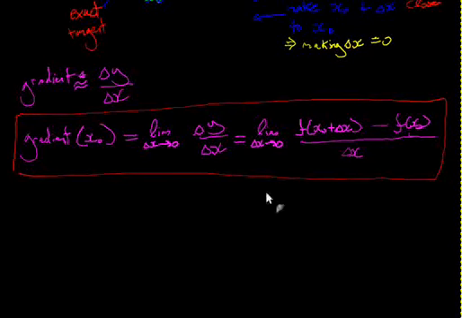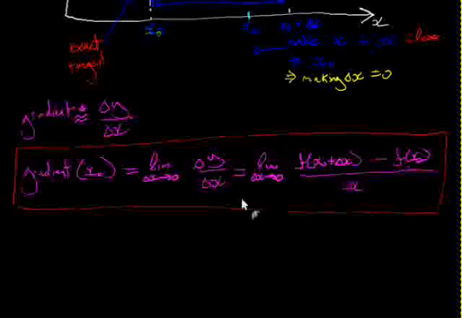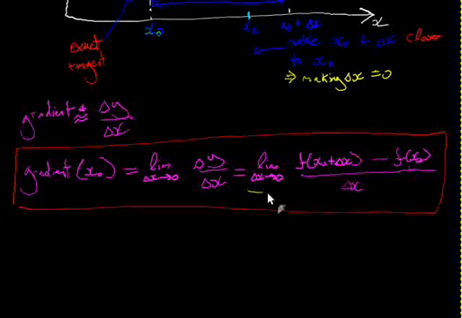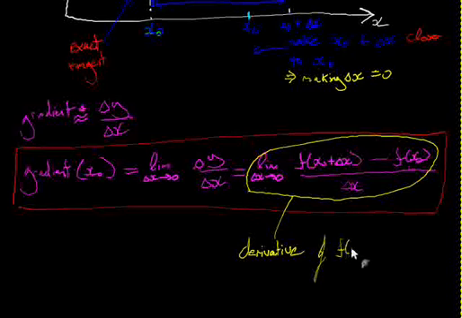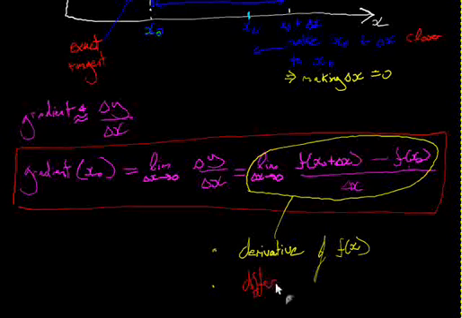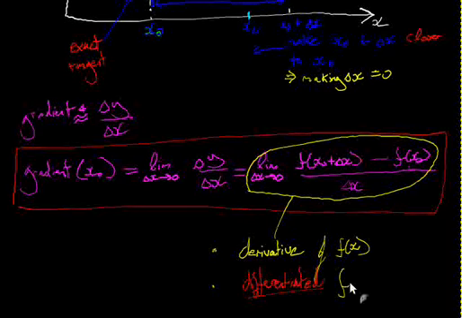That's simply the gradient of our secant line, because this is a straight line, and we did say before that the gradient of a straight line is the same anywhere along the line: we take any distance parallel to the y-axis and a distance parallel to the x-axis, and divide the y distance by the x distance. That will give us the gradient anywhere along a straight line. And as we move this closer and closer to the point, the gradient of that line will be exactly the same as the gradient at that point. So we should be using a roughly equal to sign here. This is roughly equal to that.